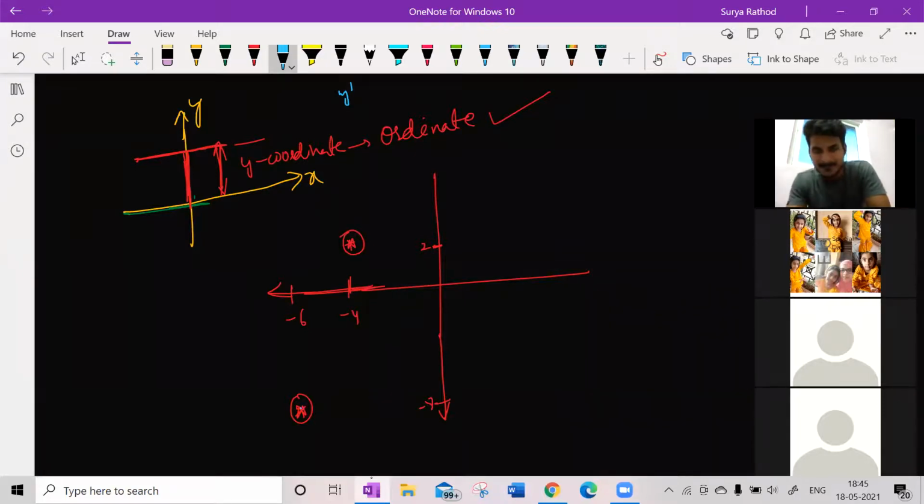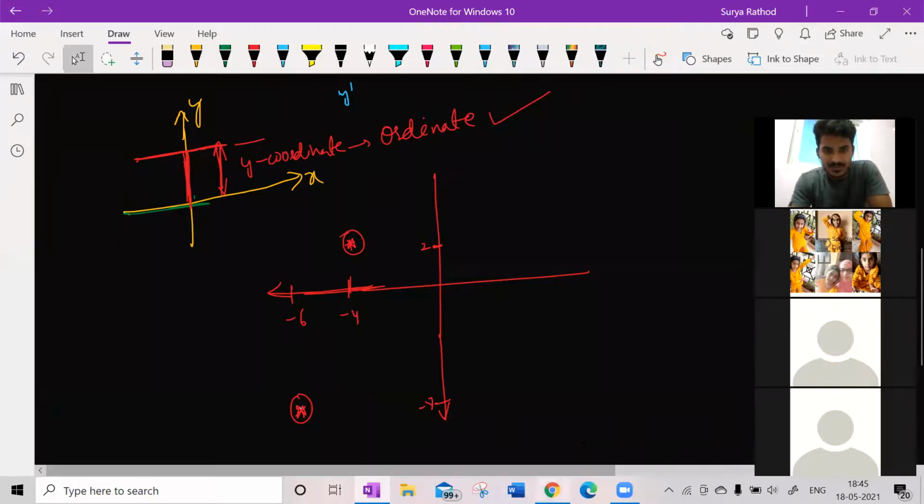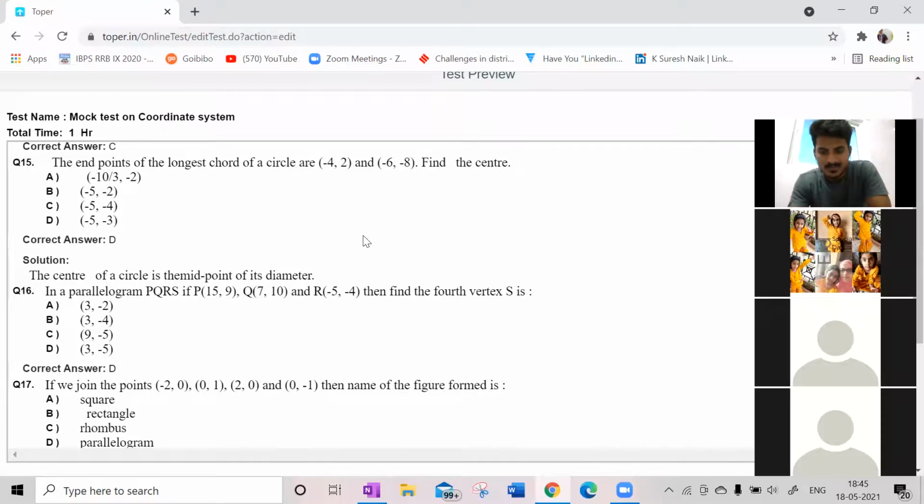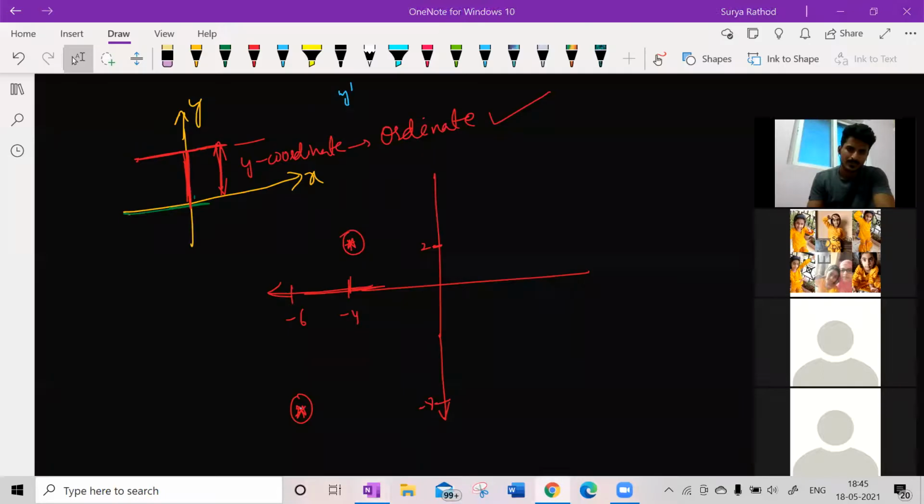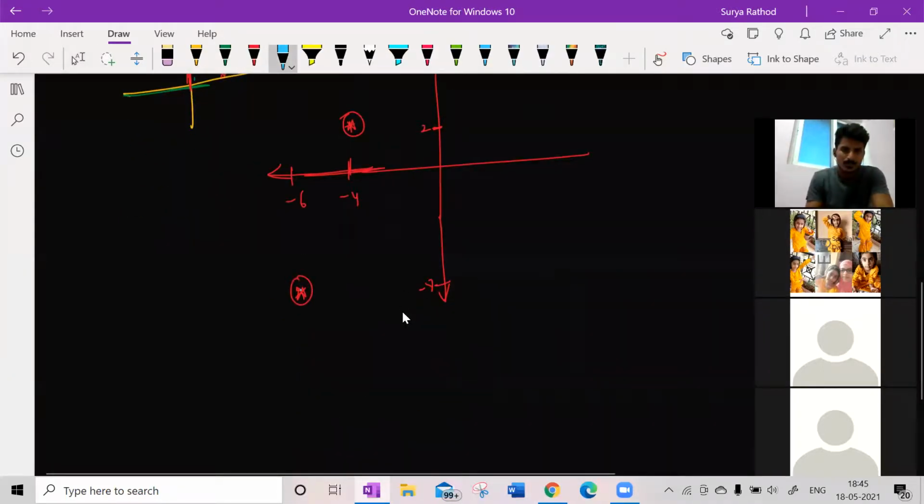Sir, if we make a line using those 2 points and then bisect the line, we will get the center. The midpoint of the line made by (-4, 2) and (-6, -8) is the center. Or we can measure the line and divide it by 2.